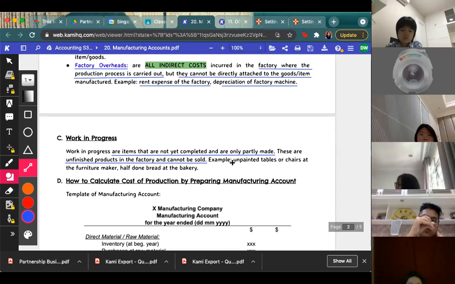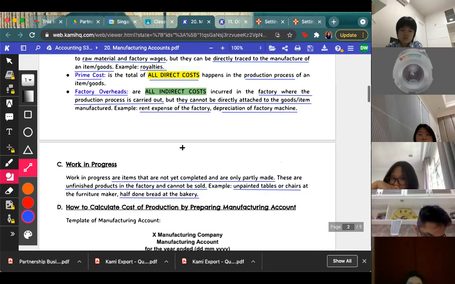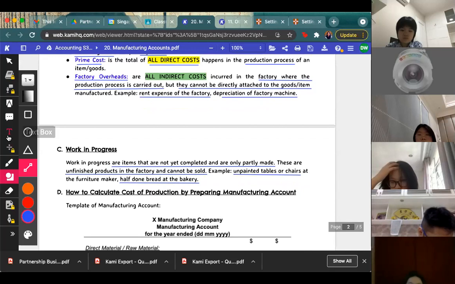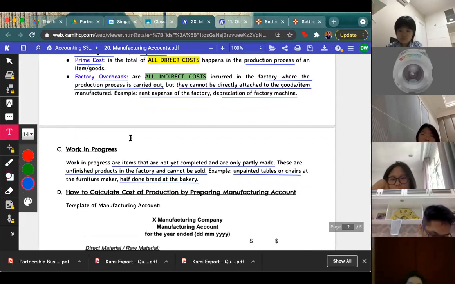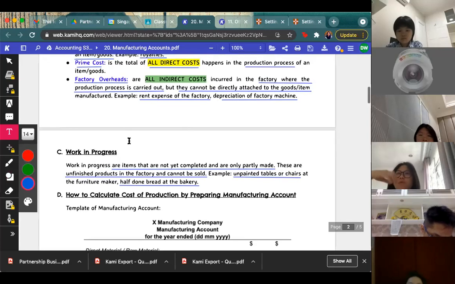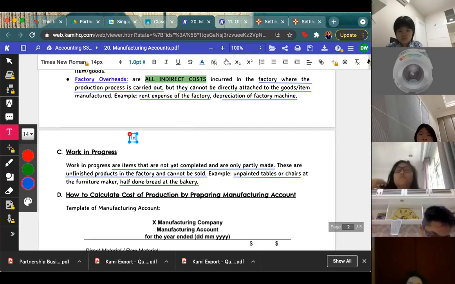For example, unpainted tables or chairs in the furniture maker, and half-done bread at the bakery. Now you are probably confused about what this work in progress is needed for in the manufacturing business. Now I want to talk to you about inventory.